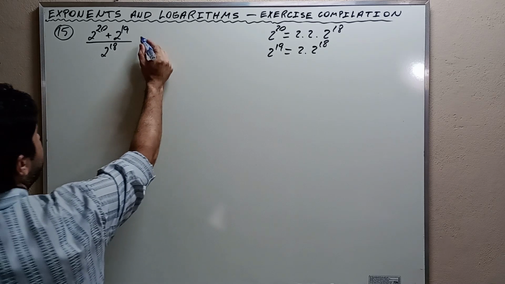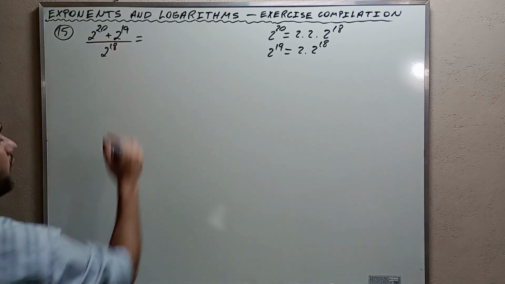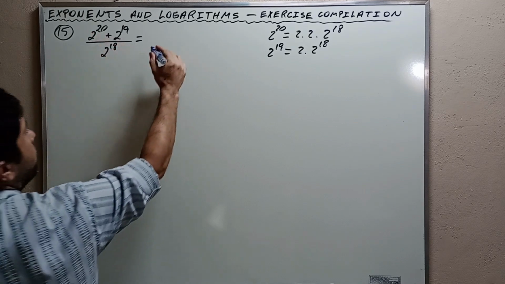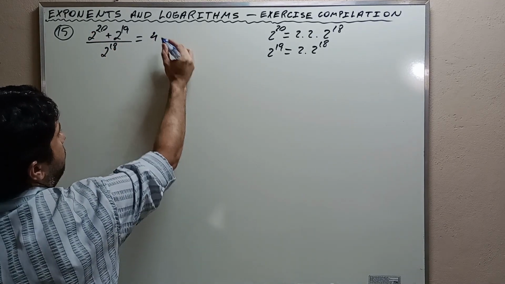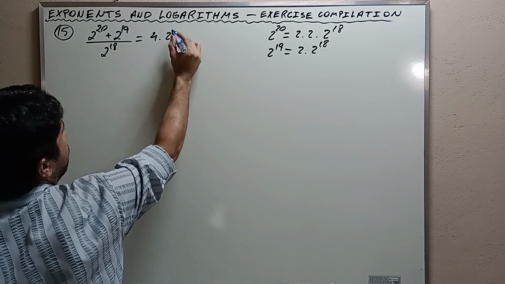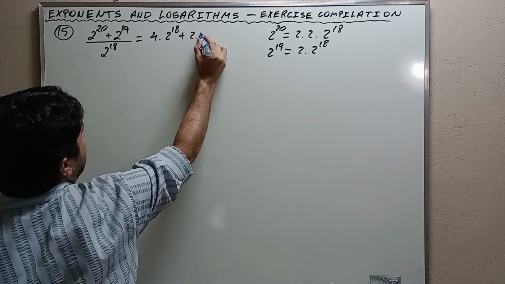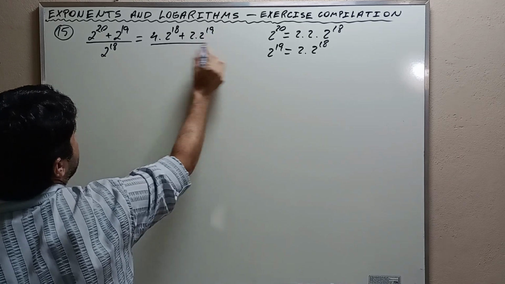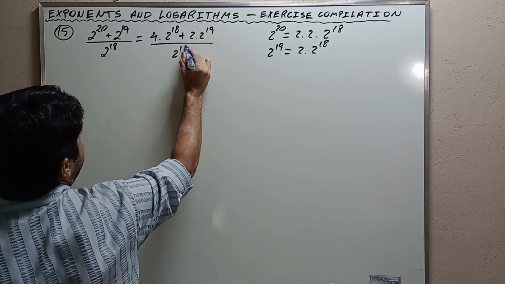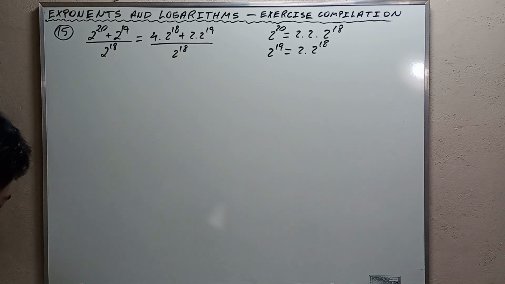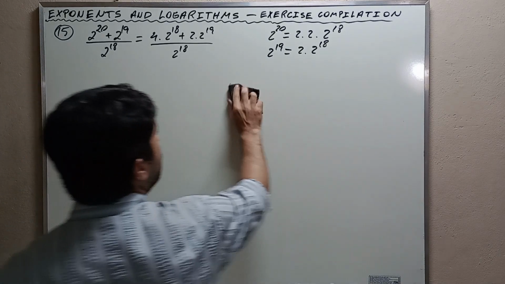The next step is, in the place of this term, we put 4 times 2 raised to the power of 18 plus 2 times 2 raised to the power of 19 divided by 2 raised to the power of 18. What we need to do is to factor out 2 raised to the power of 18. That's what we're going to do.